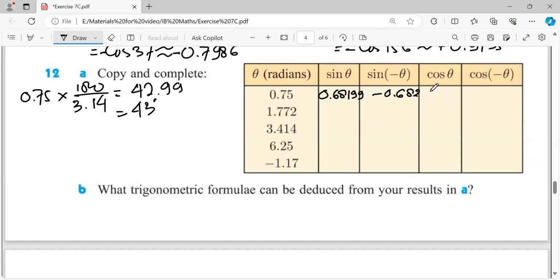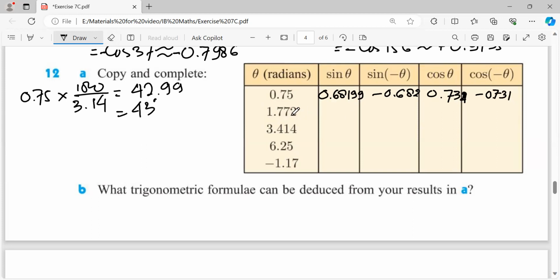If cosine is 0.732, and negative is 0.731.